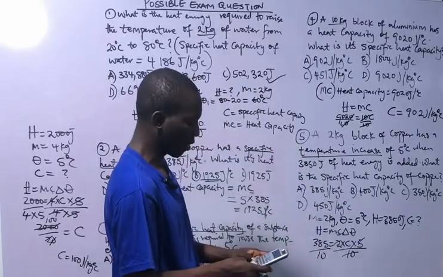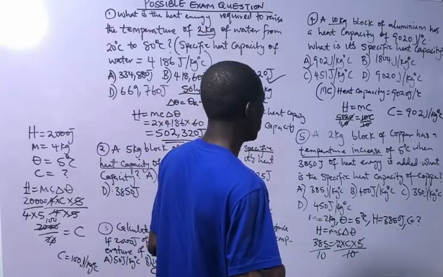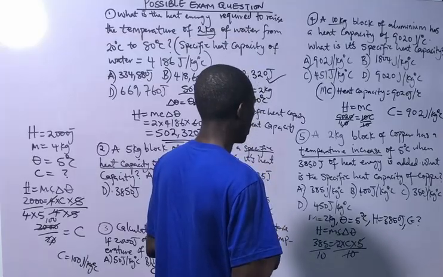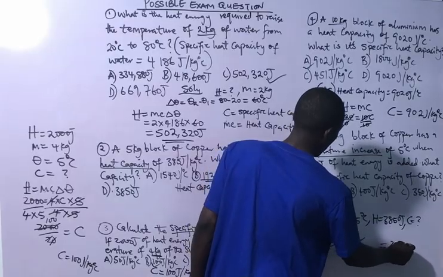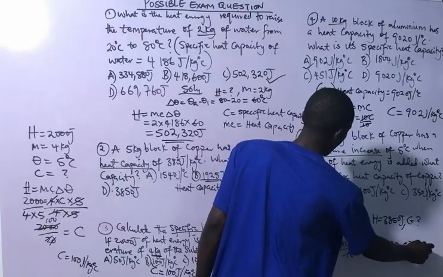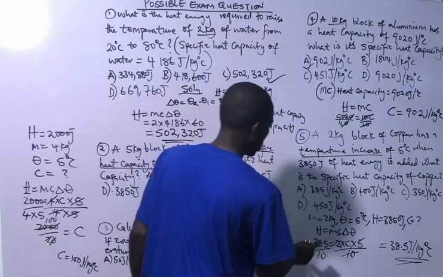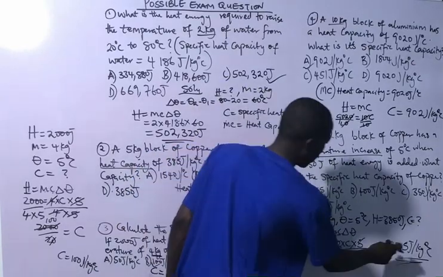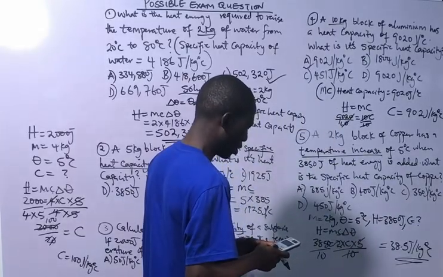So let's use the calculator. We have 3850 divided by 10.